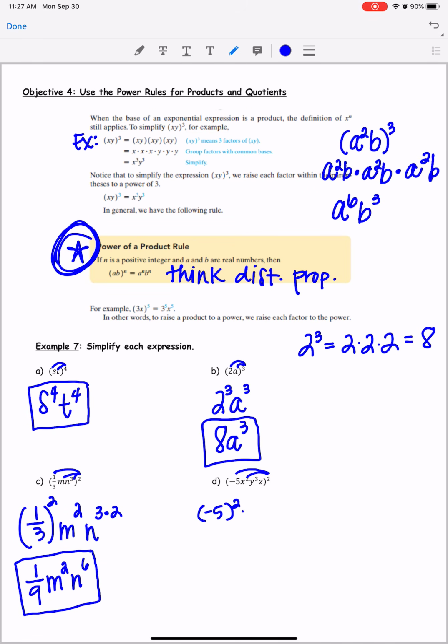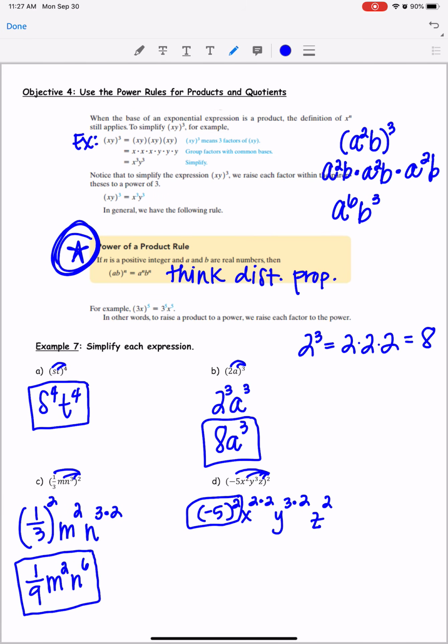To the x, so we're doing power to power, that means I'm multiplying, so 2 times 2. To the y, so 3 times 2. And then lastly, to the z. So either 1 times 2, but that's just going to be 2, right? There's not an exponent, it needs to go to it. So simplify.